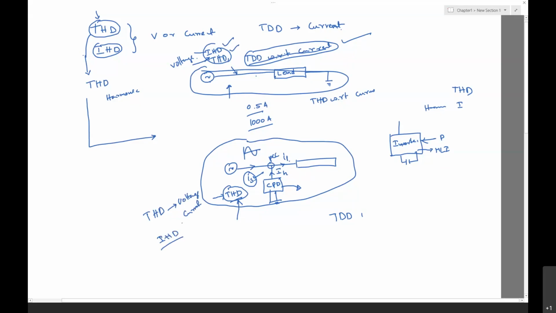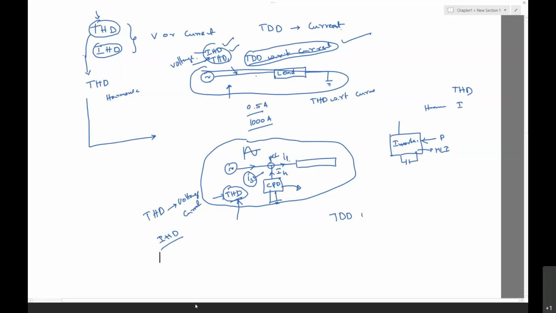But it all depends on which factor you are going to utilize. I hope that this kind of description will give clarity on which harmonic indices to be used when.